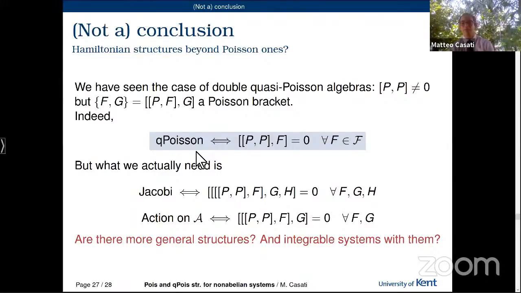That's at least what goes on in integrable systems courses, but this is not quite true. Poisson is stricter than Hamiltonian, whenever by Hamiltonian you mean that your Poisson bracket does what you want it to do. And this is the story for quasi-Poisson.